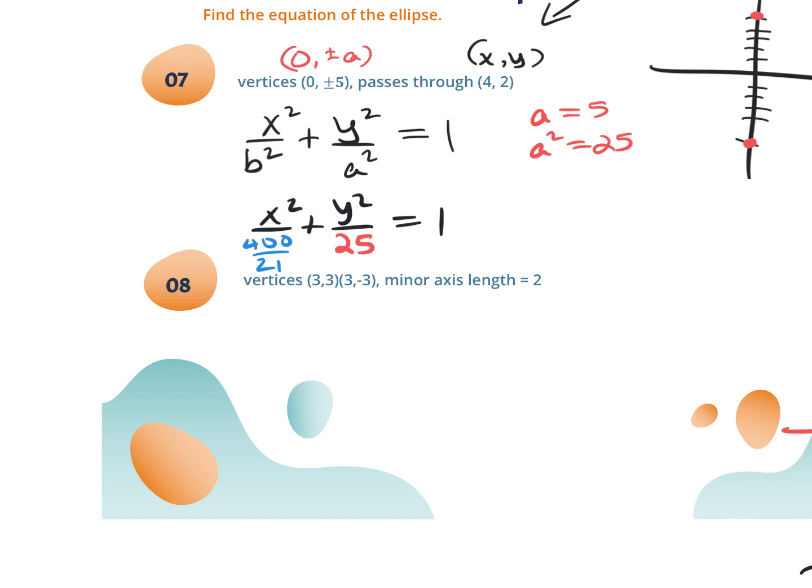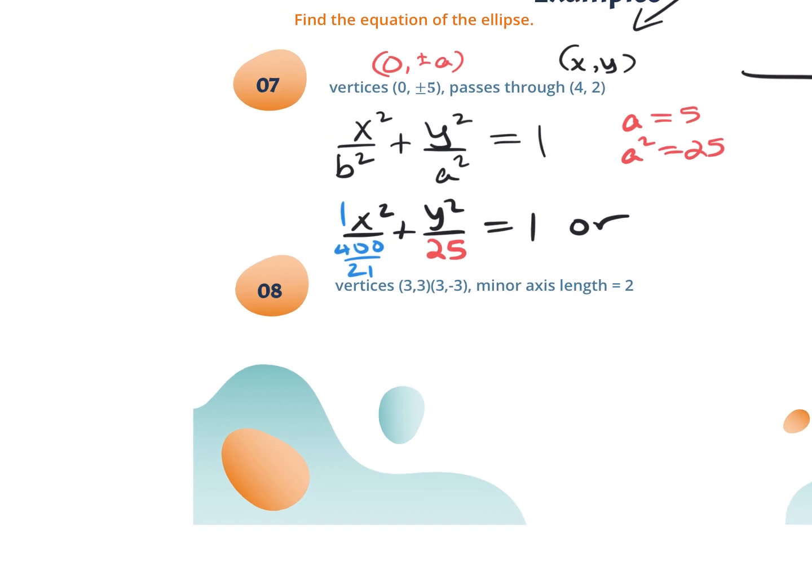Now, be aware that this could be an answer, or what we would have to do is flip it, and really what we're doing here is dividing 1 by 400 over 21. So if I wanted to get the fraction out of the denominator, what I'm doing is 1 divided by 400 over 21.